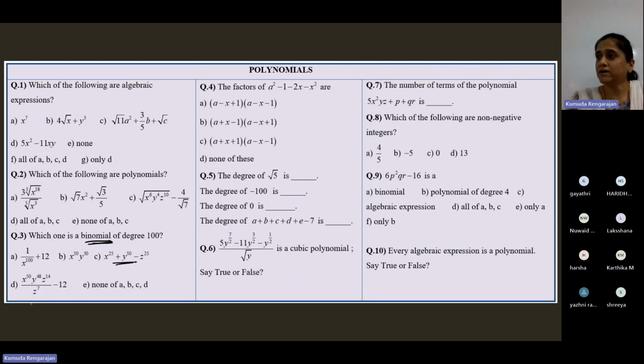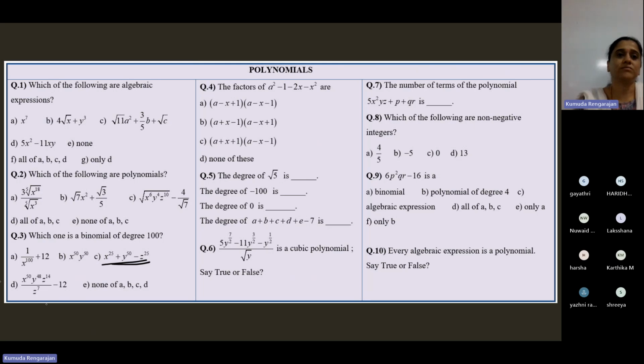Then this one, it's a trinomial. And also, what's the degree? In option C, what's the degree of the polynomial? Rahul, what's the degree?